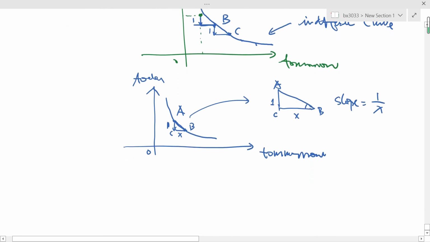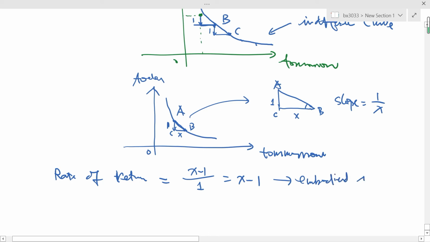From A to B, the implied rate of return will be the change in consumption, X minus 1, divided by beginning consumption, which is X minus 1. So again, this rate of return is embodied in the slope of the indifference curve.